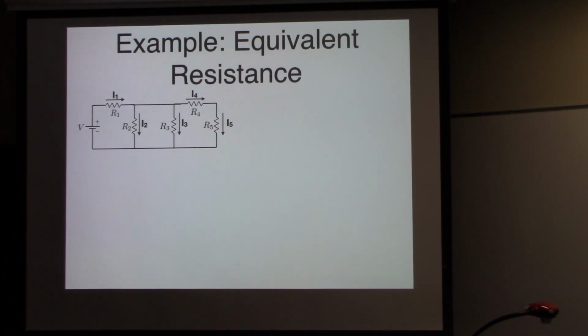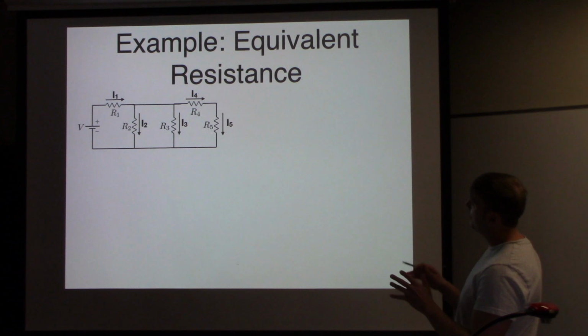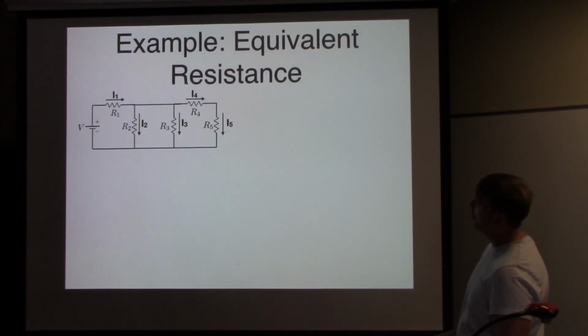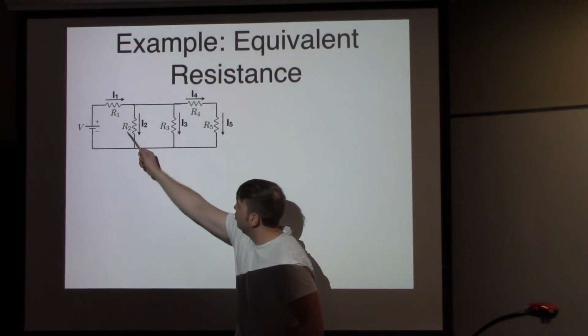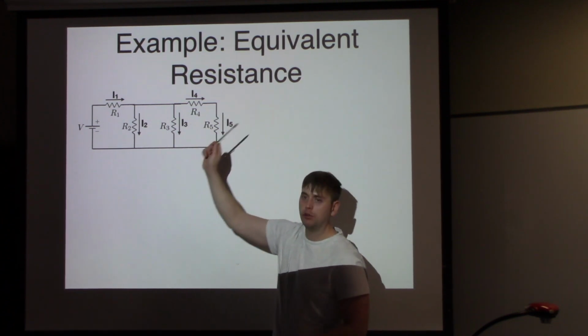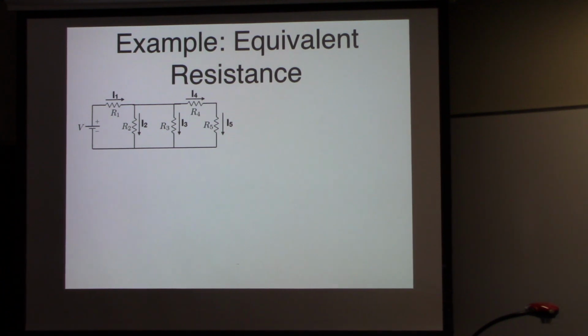So the first thing is to take the diagram that we already have with the 5 different resistors and label the different currents through the different resistors. Okay, so we have I1 going through resistor 1, we have I2 going through resistor 2, and so on. So each resistor gets its own current that's labeled on the diagram.